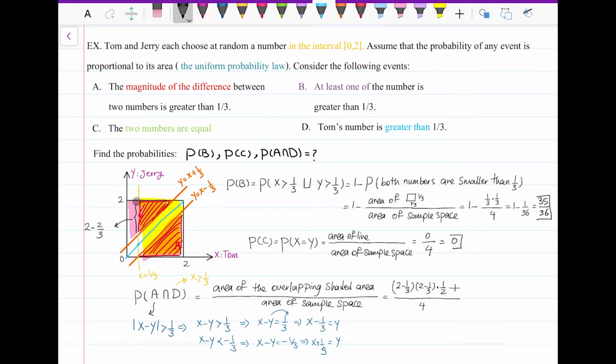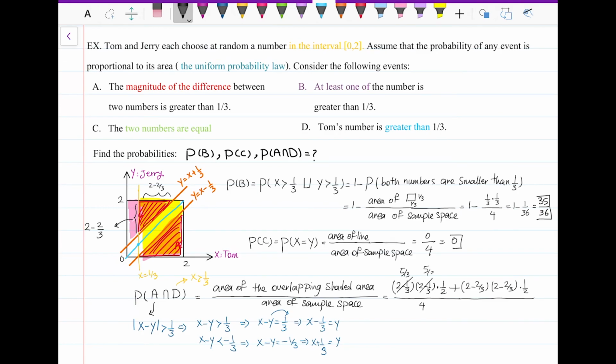And how about this side? This is 1/3, this little side is 1/3. So this is also 2 minus 2/3. Great. So this is 2 minus 2/3 times 2 minus 2/3 times 1/2. Good. So this is 5/3.